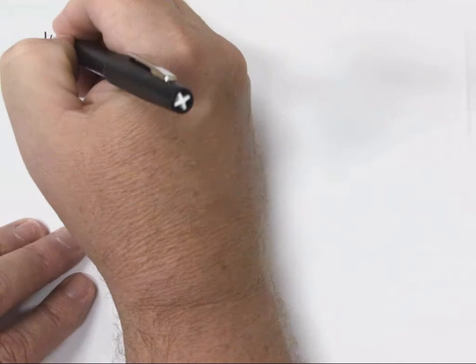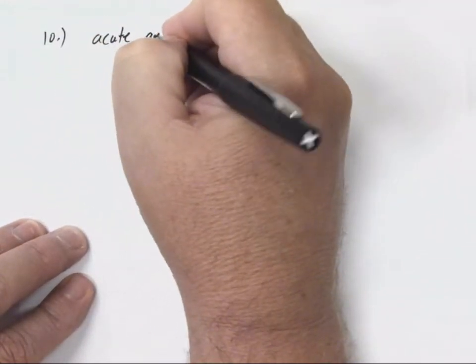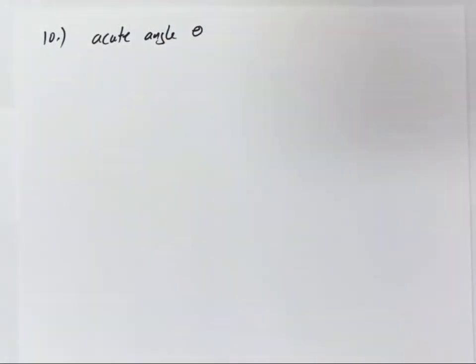And then they give us a trig function. So the first key thing is they say acute angle theta. It's important to know what it means, and it says acute angle.